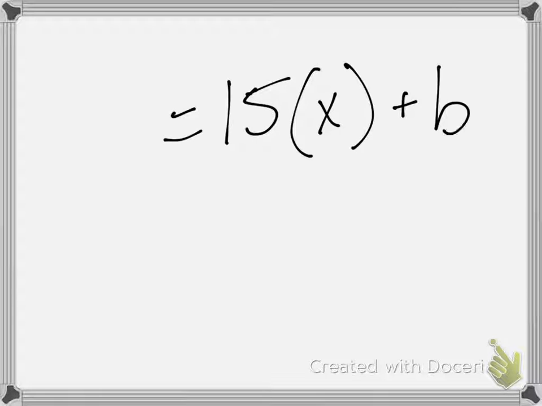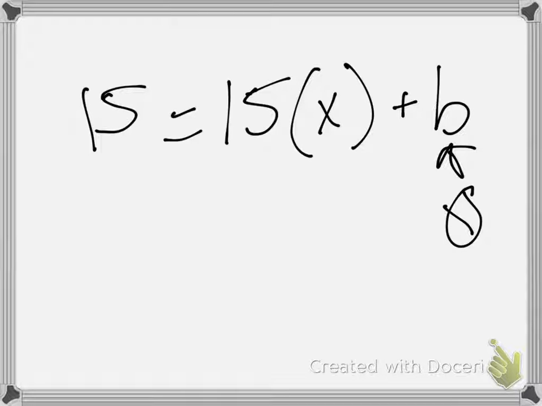I'm going to give you this one to solve. We had our equation already. We know we have our slope. Our slope is 15. We have an x there, plus b, which is equal to 0. I want you to plug it in for the next points for each of them.